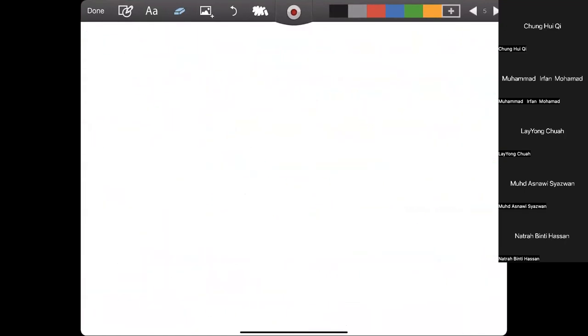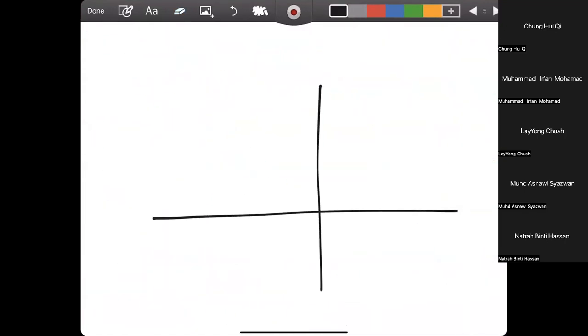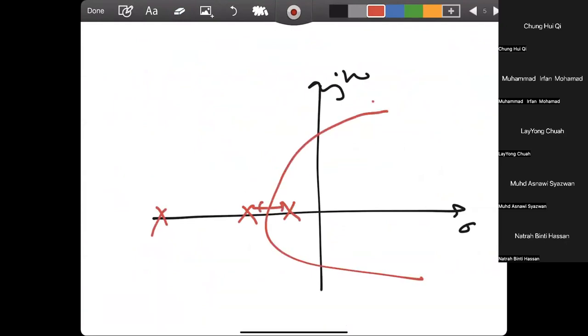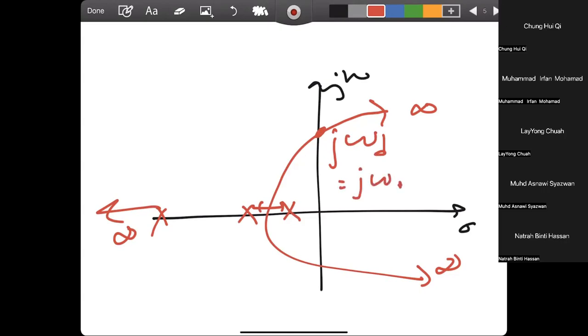Please take note, guys. So if you have a root locus, like this, then this one is j omega d, which equals j omega n times the square root of 1 minus zeta squared. So this value is omega d. Guys, clear? Damped natural frequency.